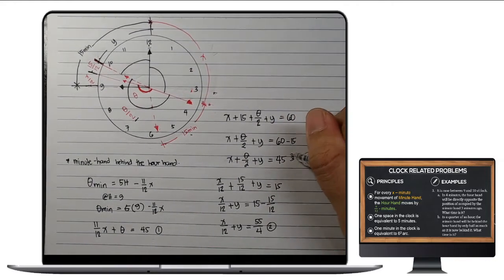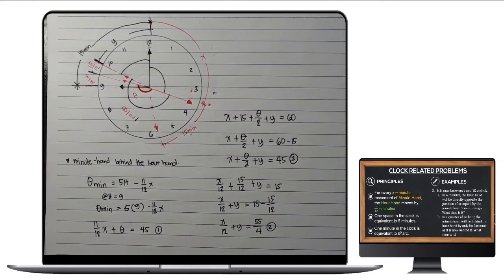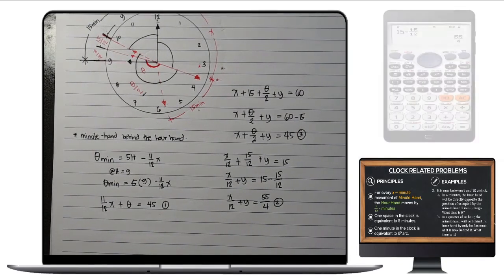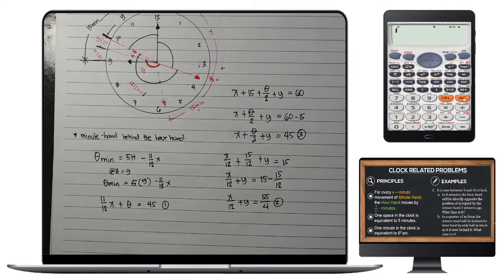So that is your equation 3. So we have 3 equations, 3 unknowns. So we can use our calculator to solve this, using mode 5, 2. The equation 3 unknown. The first unknown is x, second unknown is theta, third unknown is y.